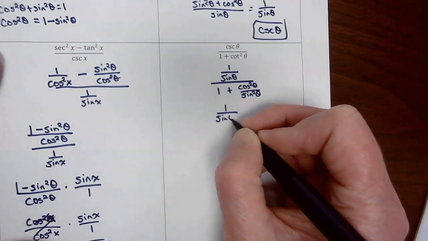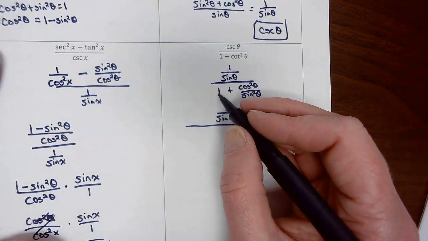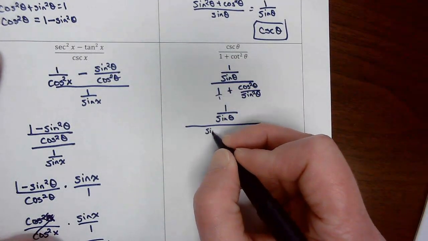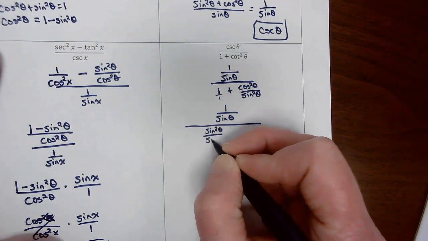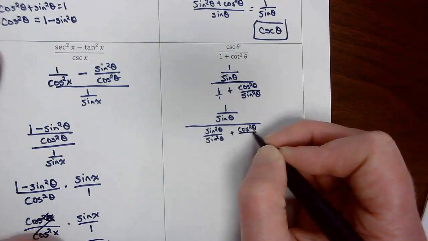So what I'm going to do, I'm going to change everything to sines and cosines. Then I'm going to make this into a fraction, 1 over 1. So I'd have sine squared over sine squared plus cosine squared over sine squared.